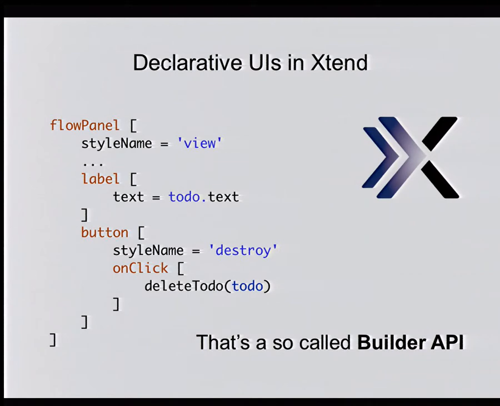With a combination of some features like the lambda expressions and so-called extension methods, you're able to define an API which allows you to write UI or any kind of trees, could be JSON, HTML, XML, whatever, in this way. And you're in this statically typed world in your editor with all the comfort you're used to. And it's readable, I think. Just as readable as the XML, at least. It's more readable, at least.